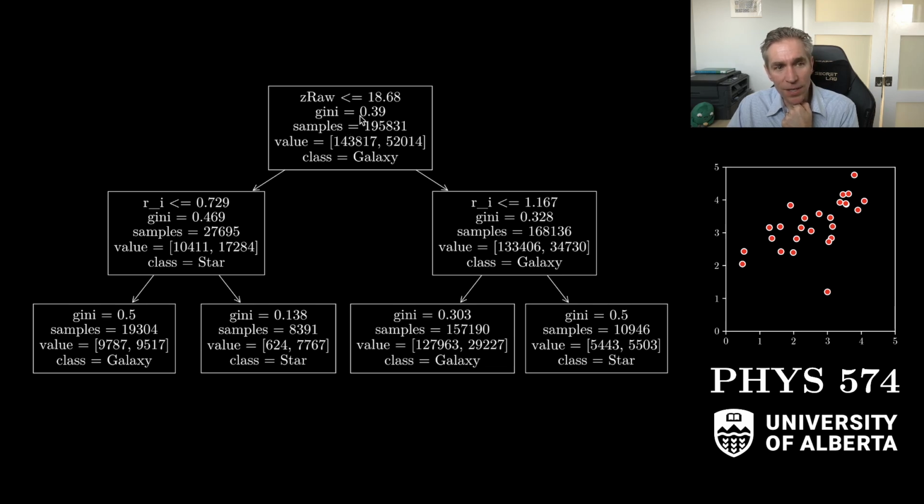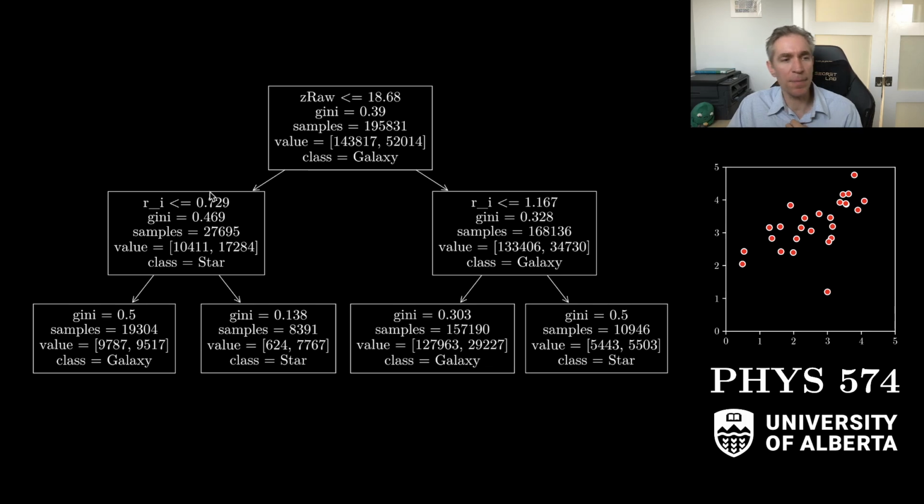That leads to a Gini coefficient of 0.39 on 195,000 samples. If it passes that, it goes down this node, and if it fails that, it goes over here and is a galaxy.